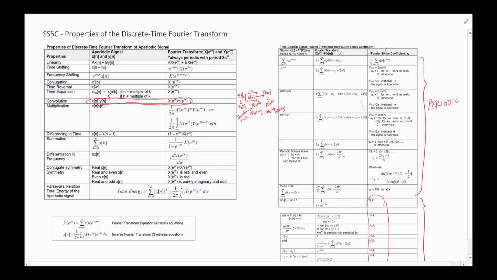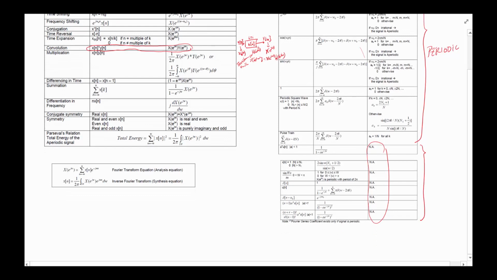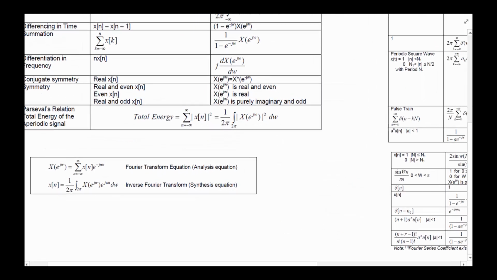Or sometimes, with more complicated functions, we can go over to the properties if we can't find it in the common ones, and maybe shift it or modify it a little bit so it looks like one of the standard ones we have the answer to. And if none of those work, then we go to step 3, which is to use the original equations to derive them. So let's take a minute and do a couple of examples on each one of those, so we have a sense of how that works.